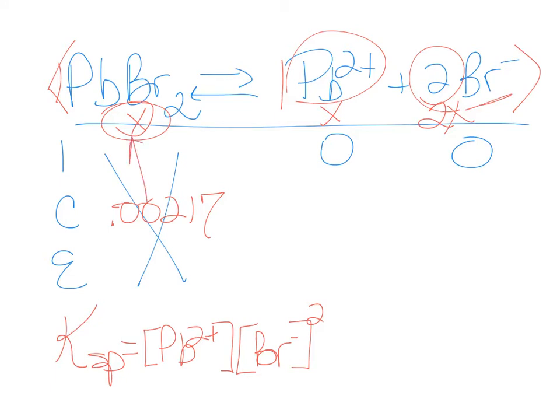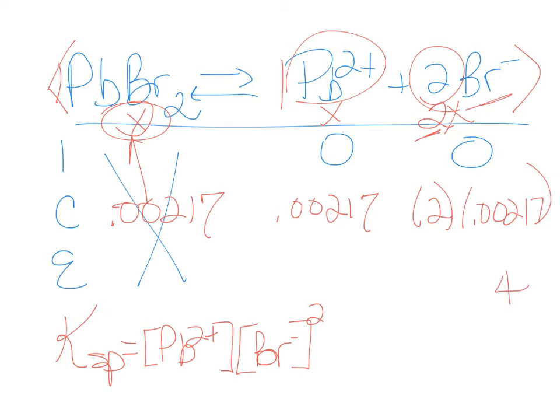I'm going to think of that as X. And so the change, the concentration of lead ion that forms, would also be 0.00217, and the amount of bromide ion that forms would be 2 times 0.00217. If I multiply that correctly, I get the equilibrium concentration of bromide ion and the equilibrium concentration of lead ion.